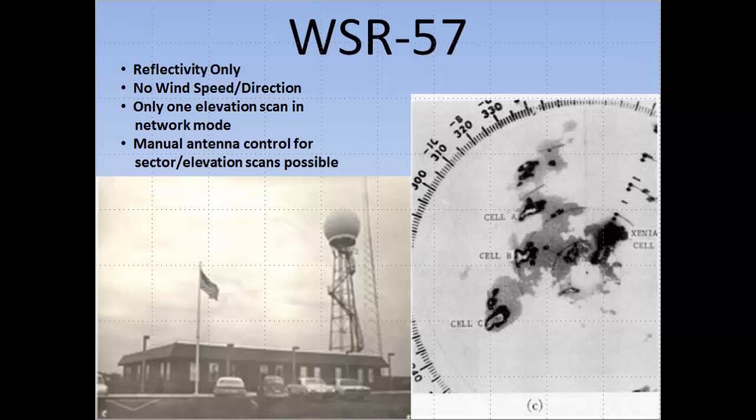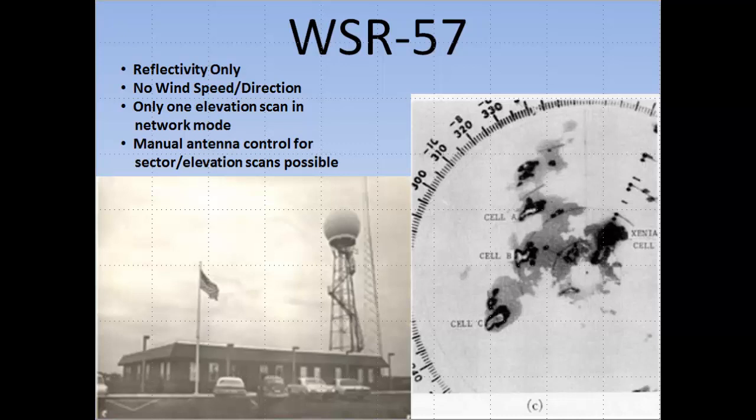Now you could manually control the antenna to do elevation scans when you wanted to interrogate a specific storm, but normally you would only get the lowest elevation, about 0.5 degrees, and that's what you would see on the plan position indicator.